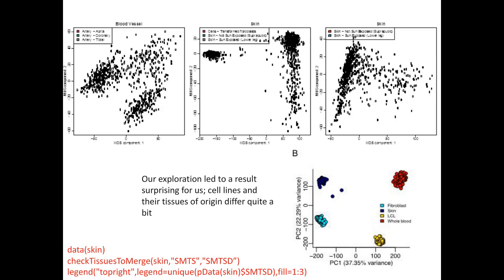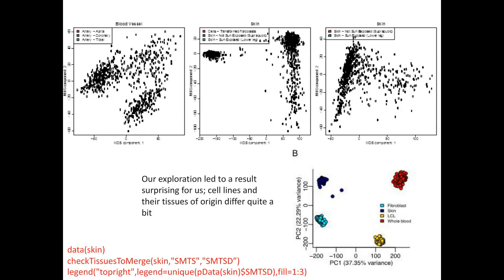And then on the right-hand side, we had skin that was sun-exposed, suprapubic, and sun exposed, lower leg, and sun unexposed. And when you look at the most variable genes and you do a PCA, you can see a separation of the cell line from the tissue of origin, the progenitor tissue.